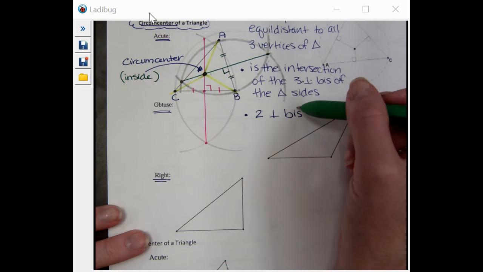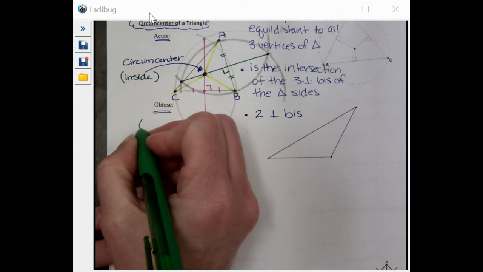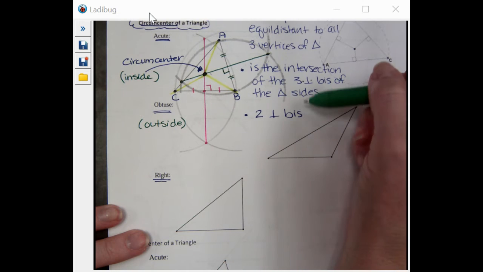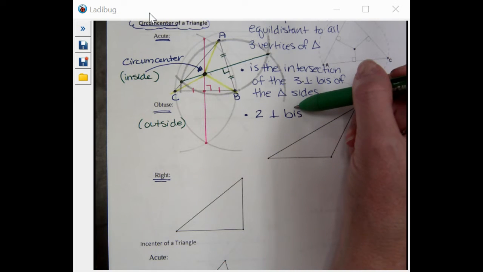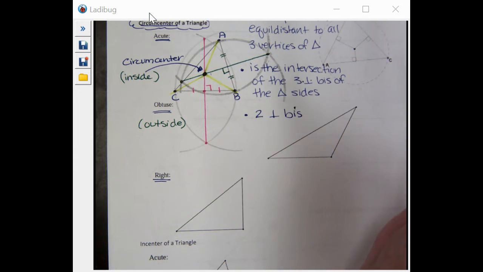You should find your circumcenter is somewhere right about out here. It's going to be outside the triangle because it's obtuse. Anytime you have an obtuse triangle, you should find it outside. I want you to know what that feels like, so that if it shows up on another worksheet, you're not confused by it not being on the inside, like in an acute triangle.